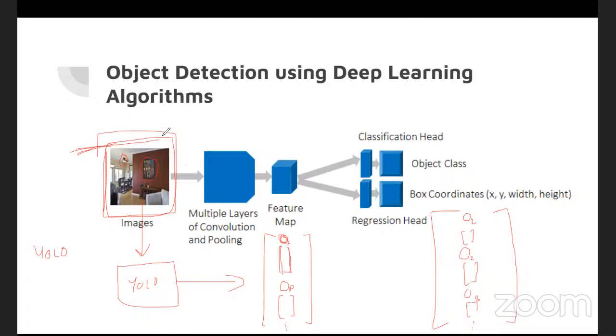And in RCNN, it used to divide the image into different parts, and then for every part, it used to run the RCNN algorithm to get the object class, the object name, and the bounding box of the object.